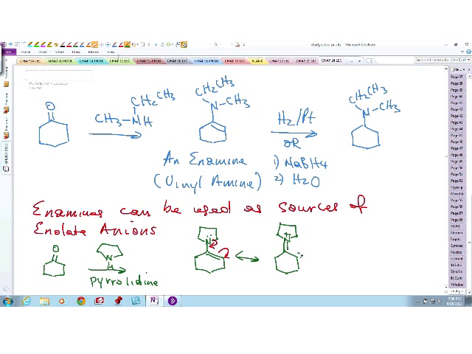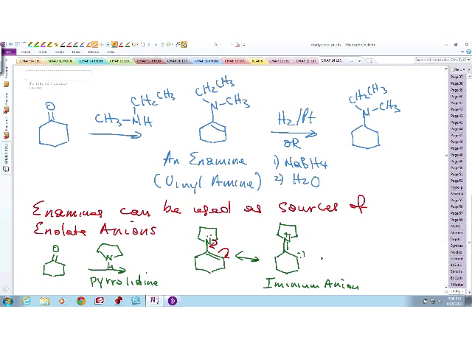The nitrogen becomes positively charged, and you now have what we call an iminium. It is analogous to the enolate anion.